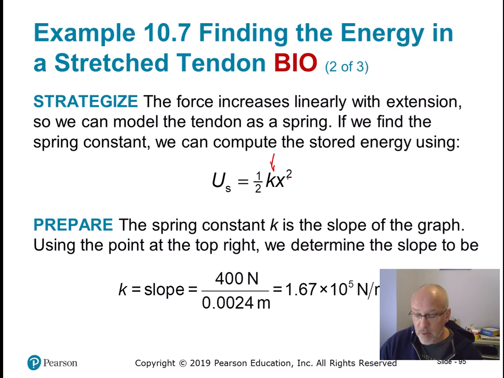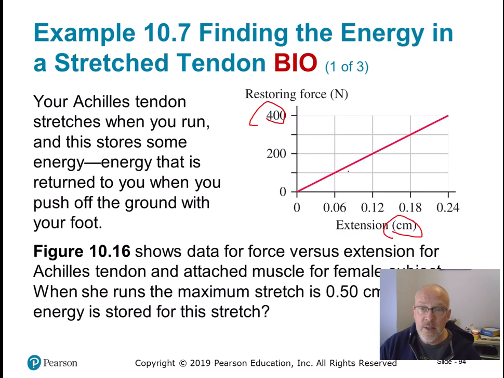So we go back to the slide. Let's find the slope of this. The spring constant is actually, remember that force is equal to Kx. Just remember that force is being plotted on the y-axis. So this is your y-axis. This is your x-axis. So what is this?